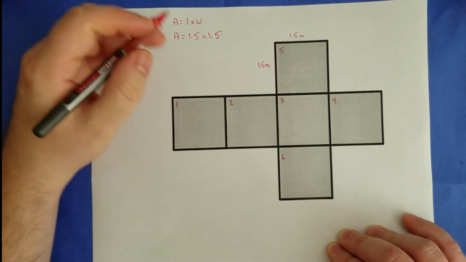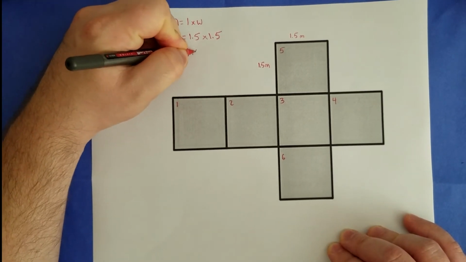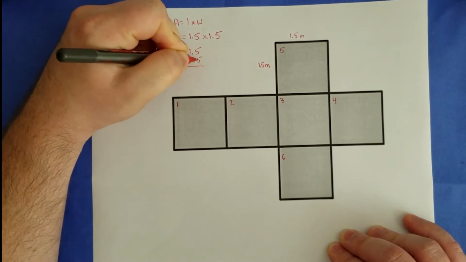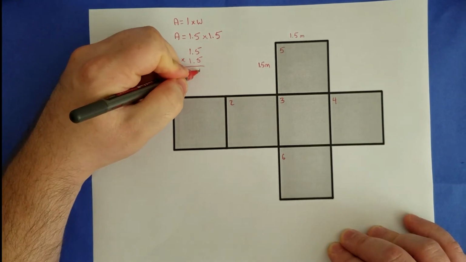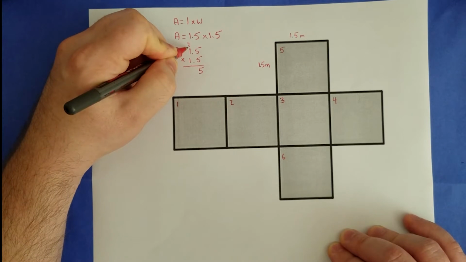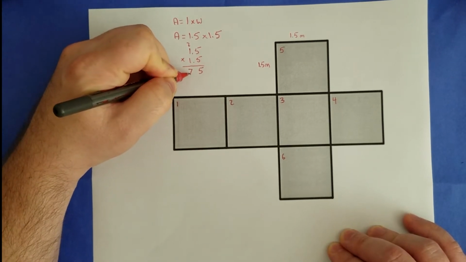Let's do the math. 1.5 times 1.5. 5 times 5 gives us 25. Carry my 2. 5 times 1 is 5, plus 2 is 7.